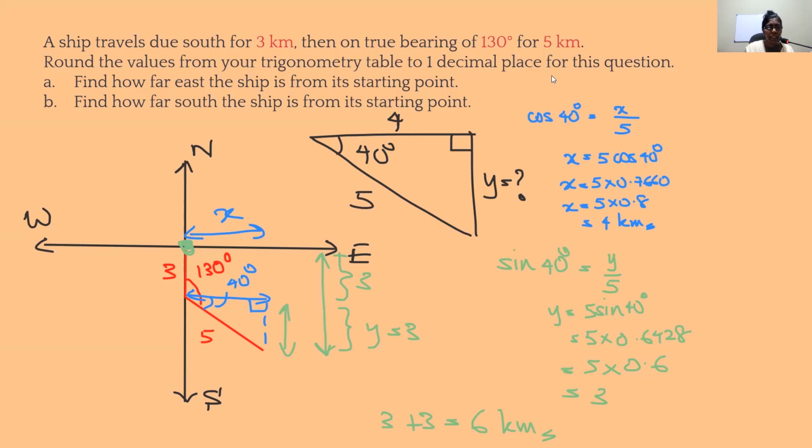But in B they are asking, find how far south the ship is from the starting point. If you find only y, it's not the starting point. It is the place where it's going to turn towards the 130 bearing. So we want the original starting point. We add the other 3 as well.